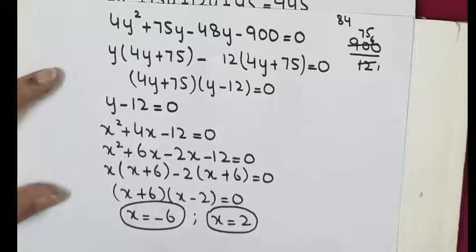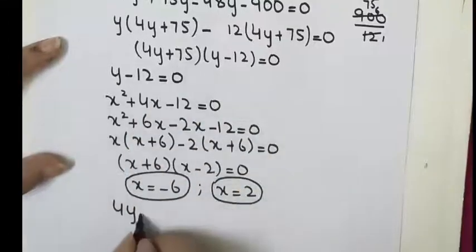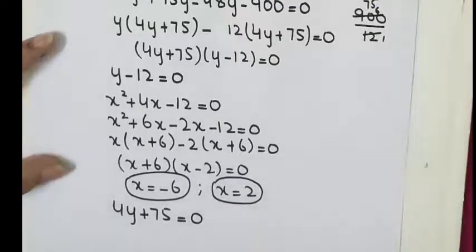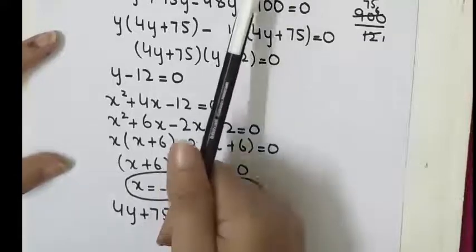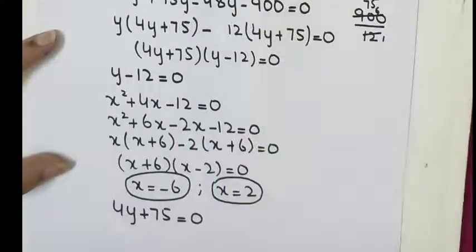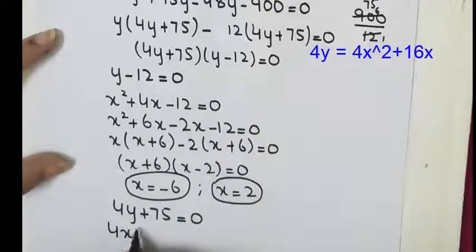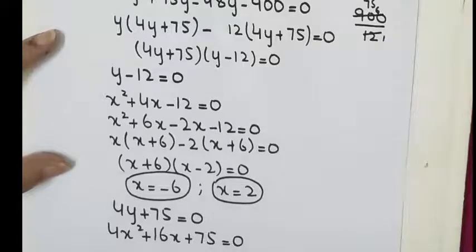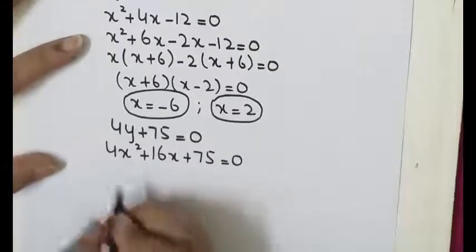Next, we have 4y plus 75 is equal to 0. But 4y is equal to 4x square plus 16x. So 4x square plus 16x plus 75 is equal to 0. So we will apply the quadratic formula.